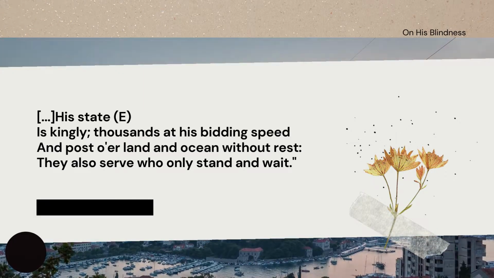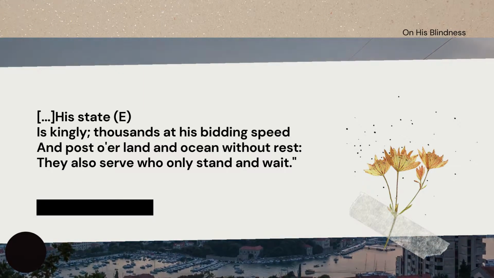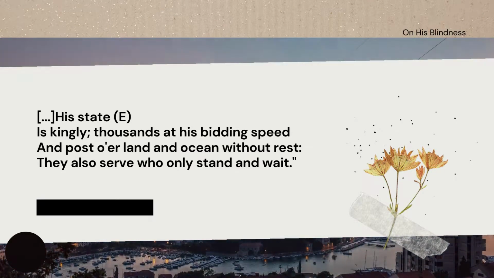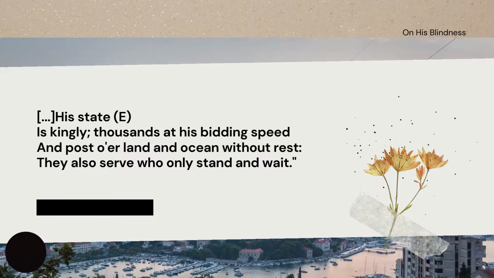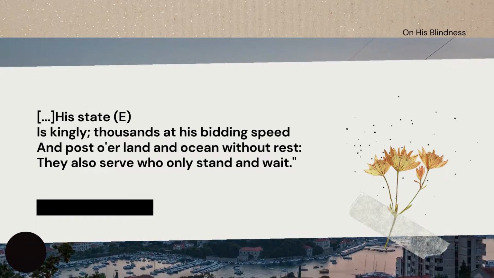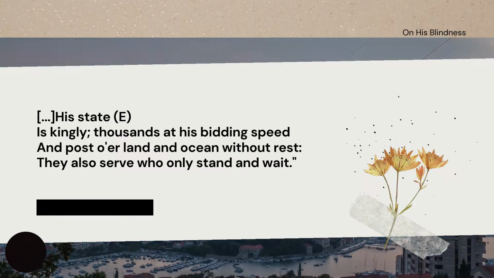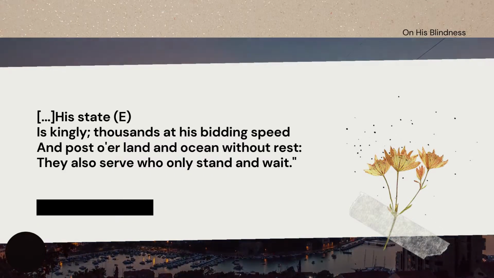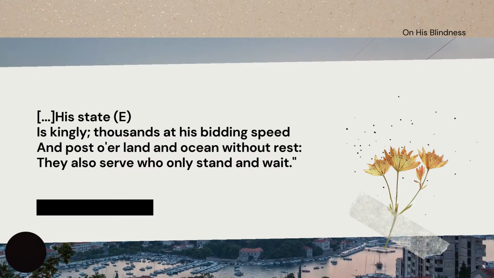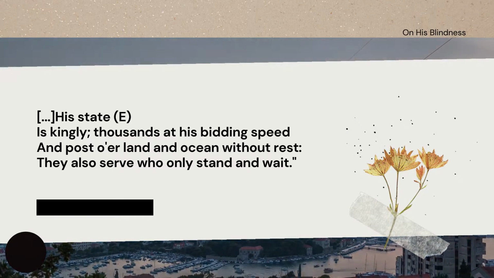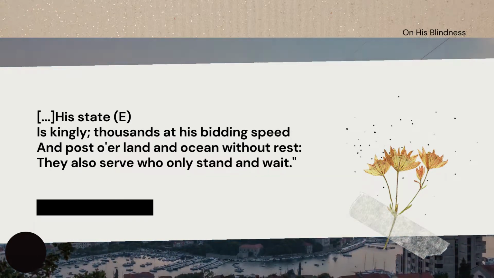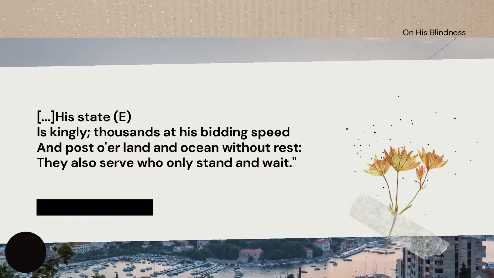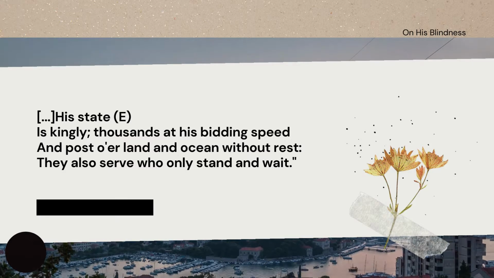So on the next lines, "His state is kingly; thousands at his bidding speed, and post o'er land and ocean without rest. They also serve who only stand and wait." So again, we talk about Patience, which continues to be exemplified in the line "his state is kingly," meaning God is king and not a master who expects things to be done by his servants.